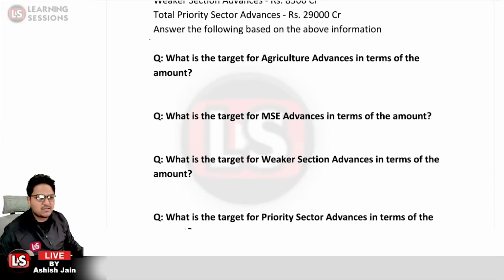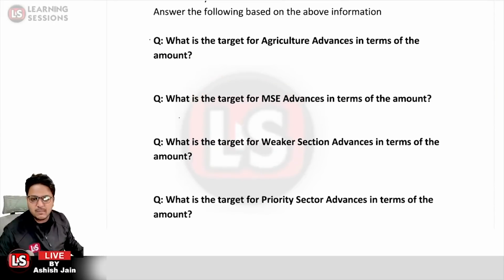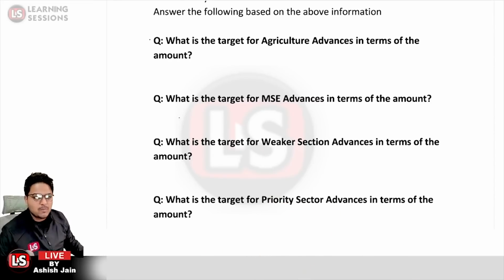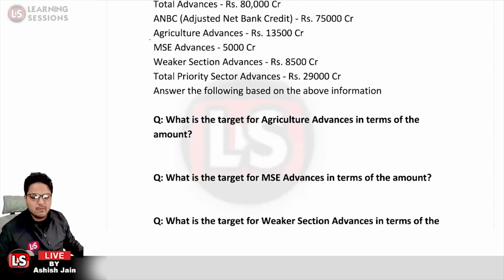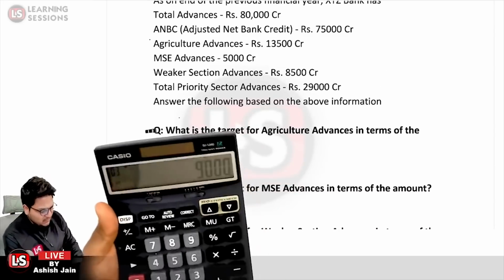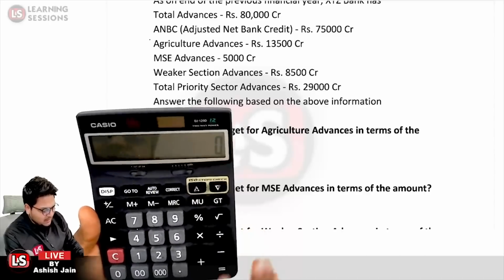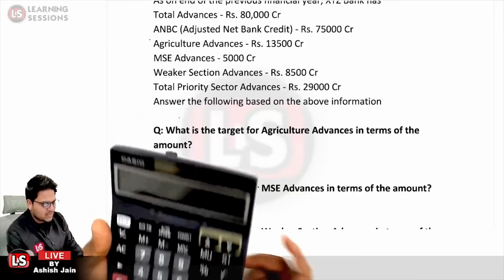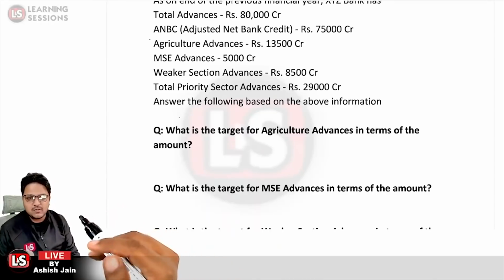You must be having the basics related to the PSL, and also must be remembering the subcategory sectors under the PSL itself. So what is the target for the priority sector advances in terms of the amount? Overall, it will be 40% of the ANBC. So 75,000 crores into 40%, the overall target, amounts to 30,000 crores.